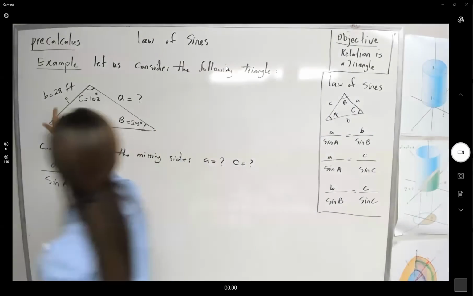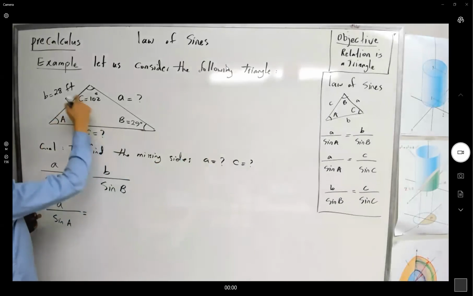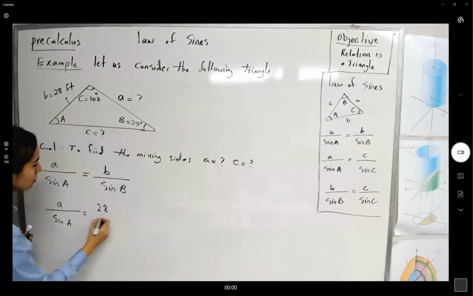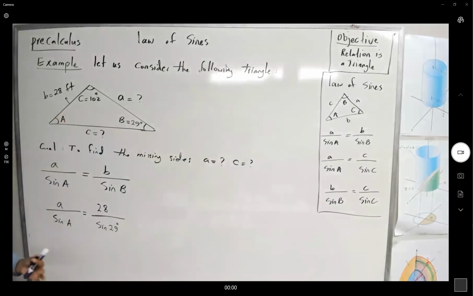B is given to me as 28. So A divided by sine A is equal to B, which is 28, divided by sine of angle B, which is 29 degrees. You say that, hey, I have two missing elements here.